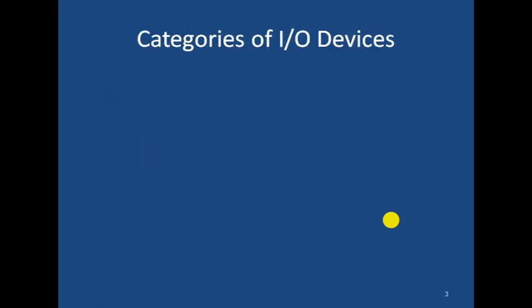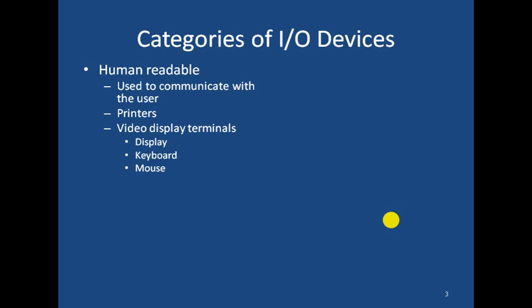So first we will see what are the categories of I/O devices. The I/O devices are categorized broadly into three types. Here the first one is human readable I/O devices. These devices are used to communicate with the user. In general we are giving instructions to the computer through keyboard and mouse.